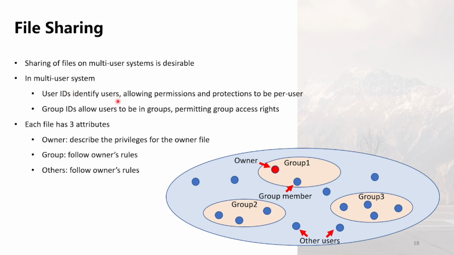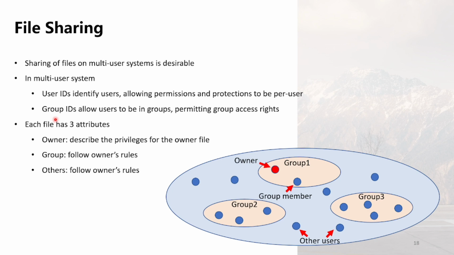These IDs are essential as they allow the system to set permissions and protections on a per-user basis, ensuring that each user has the appropriate access rights to the files they need.